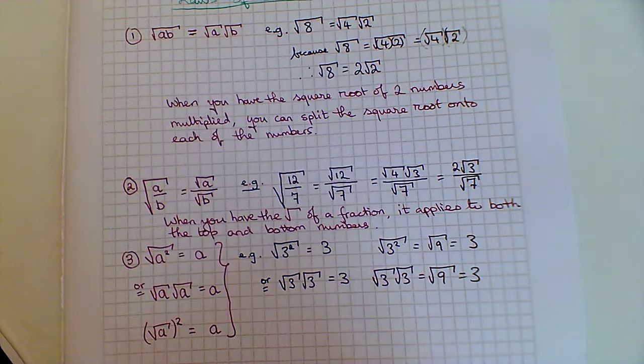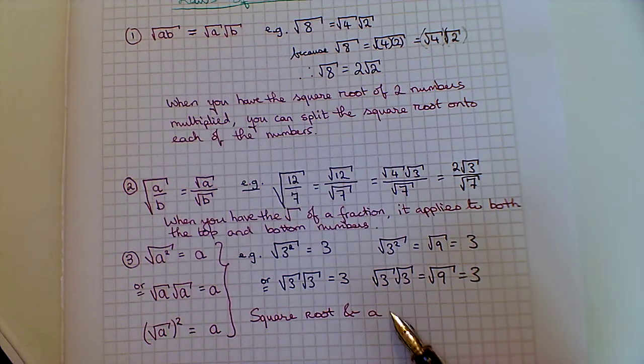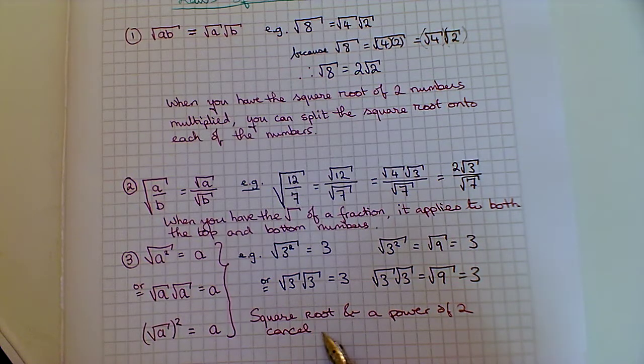And the words I'd put on the third one is that a square root and a power of 2, a square, cancel each other out because they're opposites.